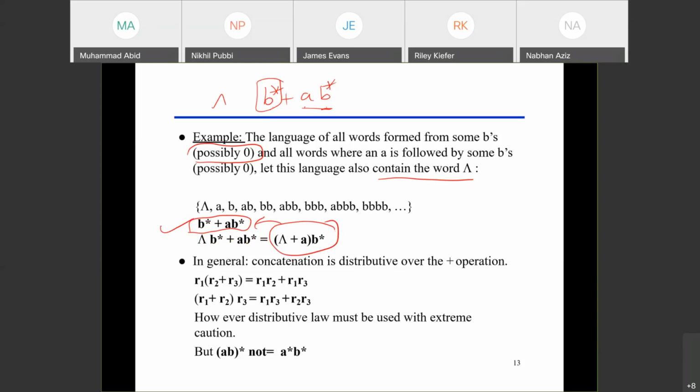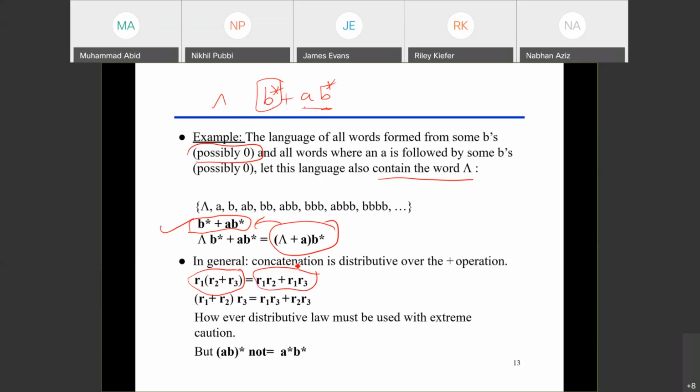Okay. So in general, concatenation is distributive over the plus operation. If you have three regular expressions, R1, R2, R3, you can concatenate R1 with R2 or R1 with R3, and this will not change the behavior of the language.